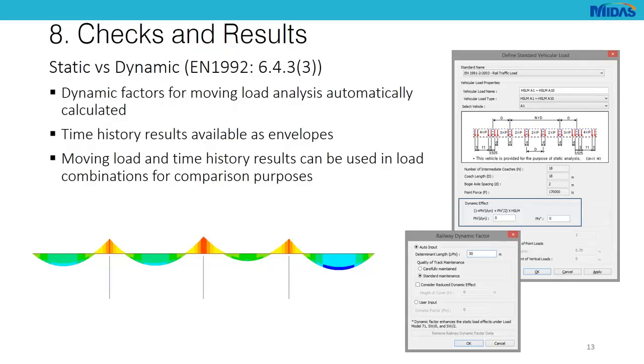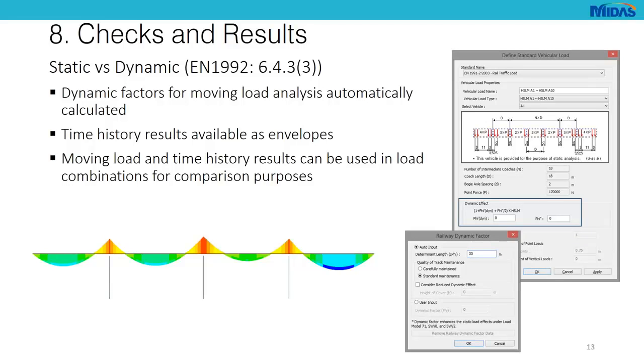So we can create load combinations considering dead loads and the train loads coming from the dynamic analysis and compare them directly with the load combination that has dead load and live load coming from the moving load analysis. So, static analysis enhanced by dynamic factors.